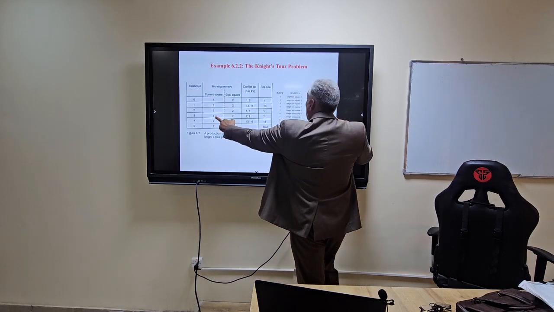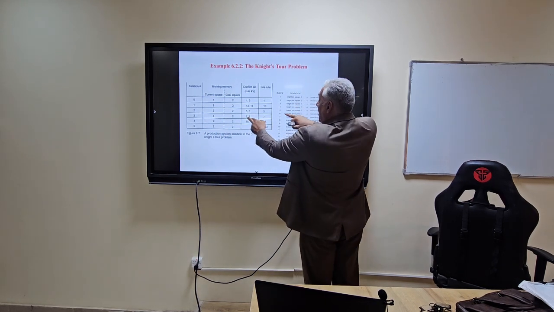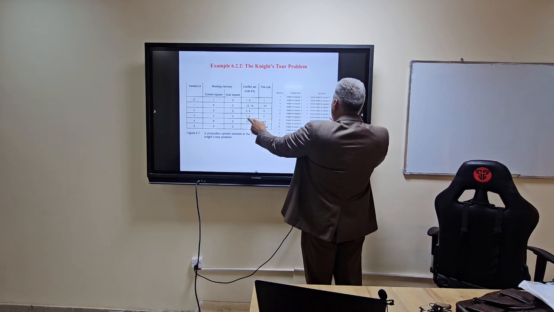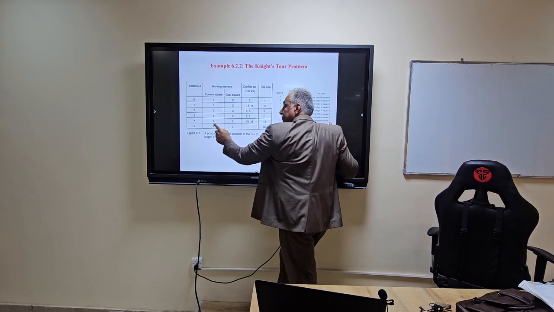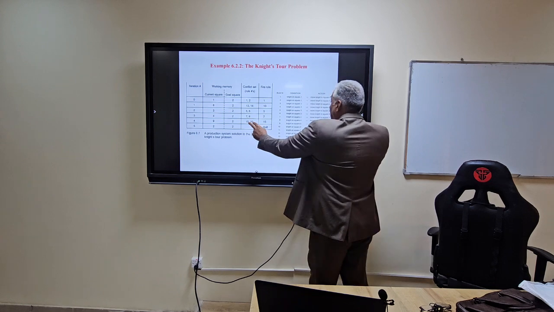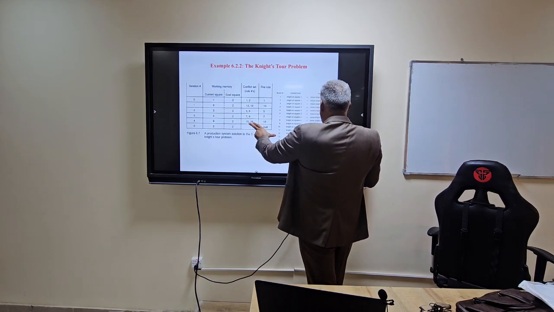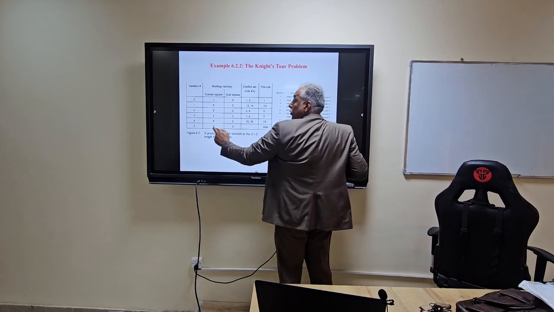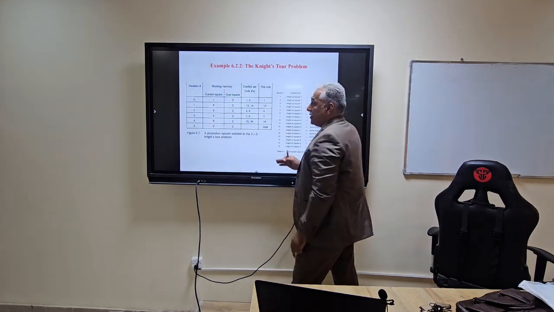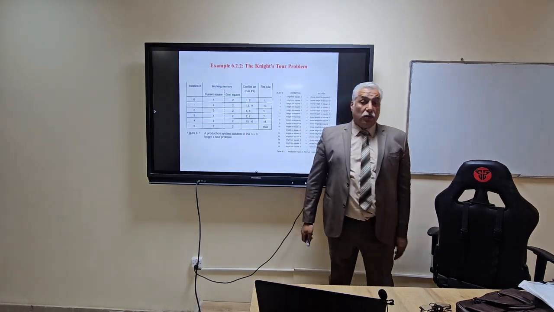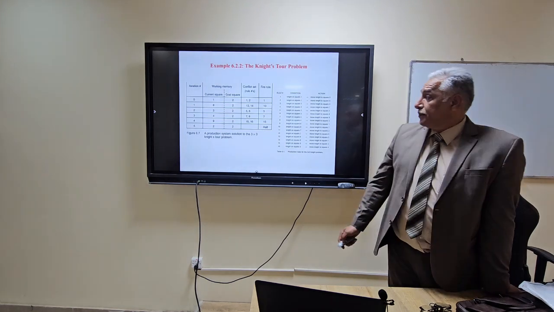At location 4, I will select 7 and 5. That means 8 and 9 or 3. I will select 9. 9 will move to either square 2 or 4. I will select 2, and this is done. This is the implementation of the production rule for the knight's tour problem.